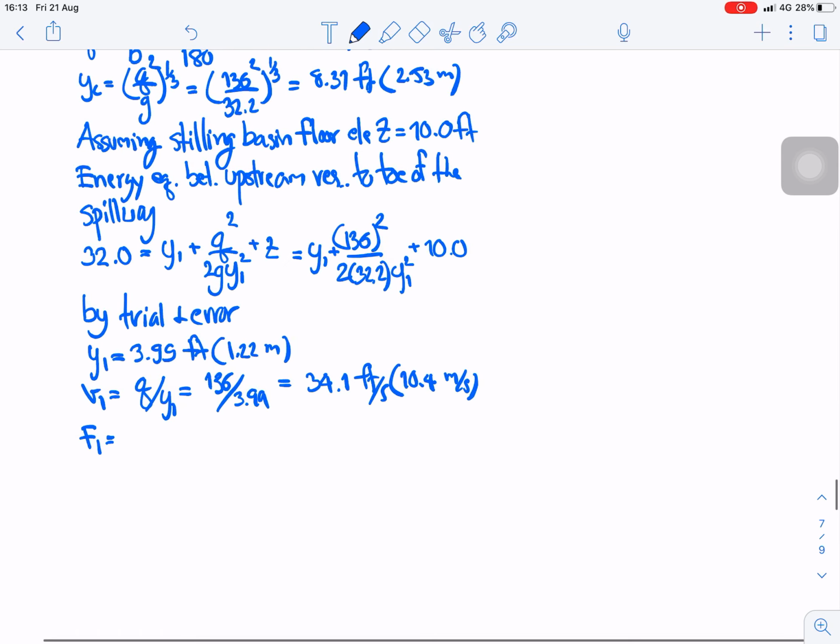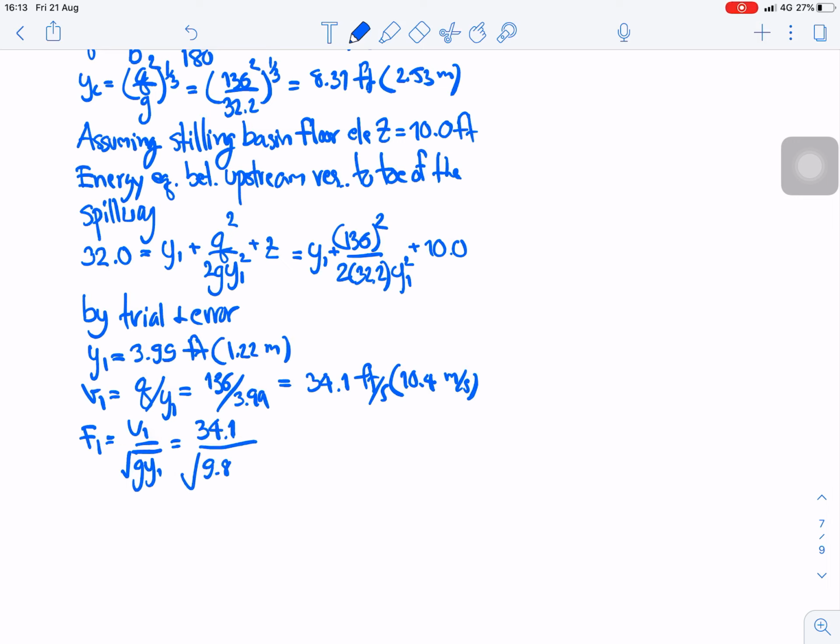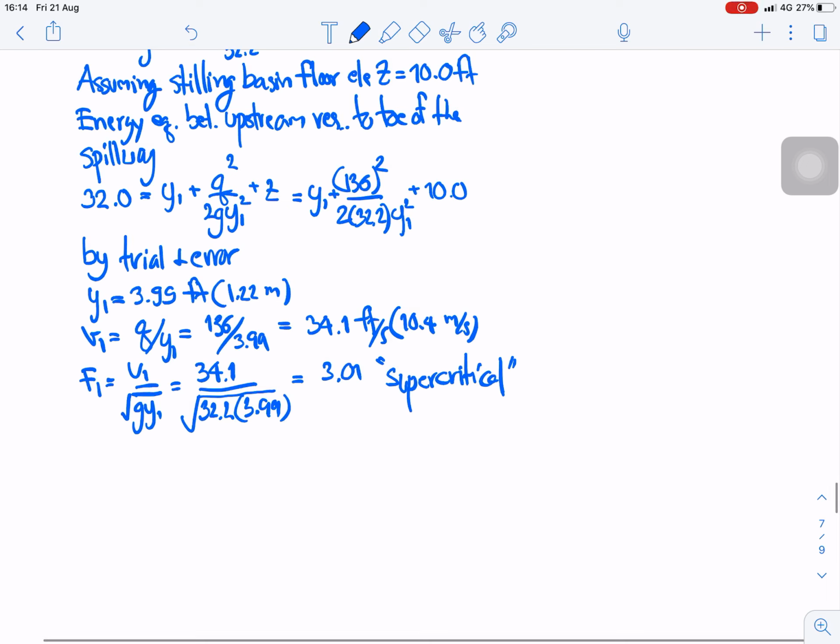We check the Froude number at point 1, which is V1 divided by the square root of g y1, with g 32.2 and y1 3.99. So we get 3.01. That is a supercritical flow, so we choose the stilling basin type 4.